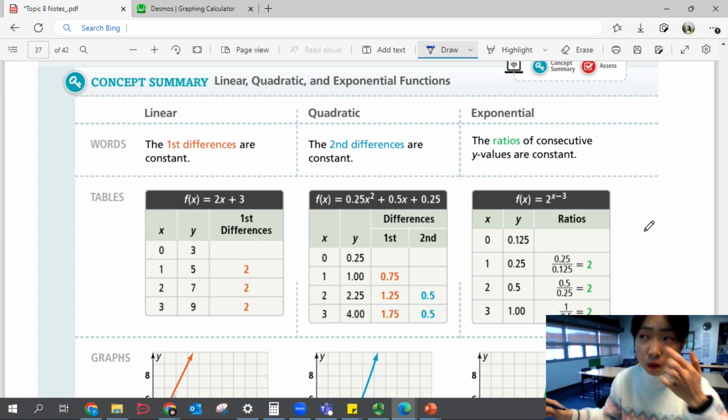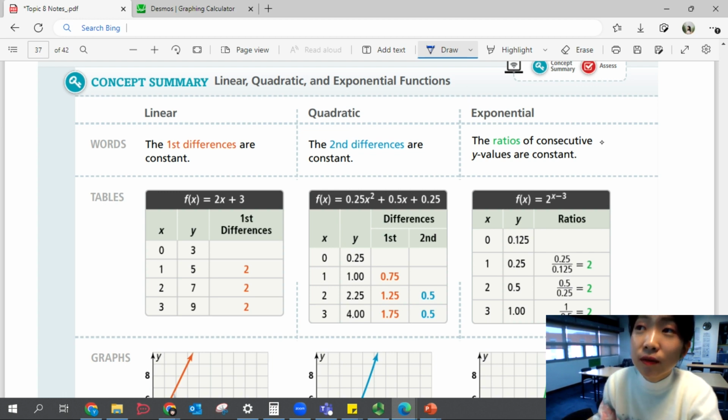So first of all, you want to check the first differences of the y values, and if they're the same, then a linear equation will best fit the data. But if that's not constant, you want to find the second differences, which can be figured out by subtracting your first differences. And if that's constant, then you know quadratic is going to be the best fit.